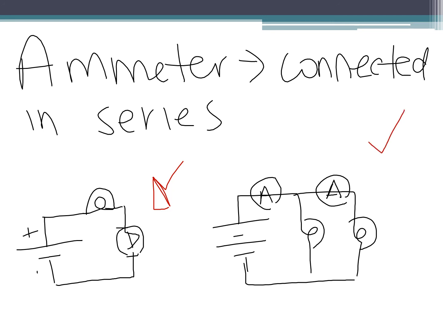If you notice here, this parallel circuit, I have two pathways for the electrons to flow through. I also have two light bulbs, and these two light bulbs have an ammeter each to read the current that is going to pass through them. So it has to be connected in series, which means right next to one another. Okay, so keep that in mind when you are drawing your circuit diagrams.